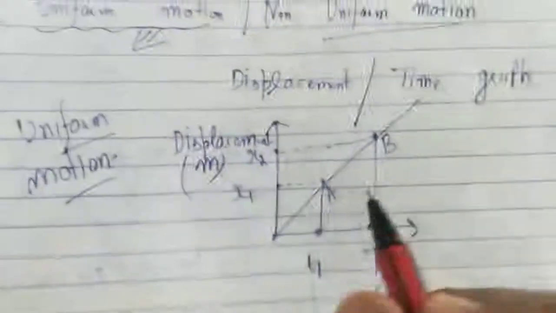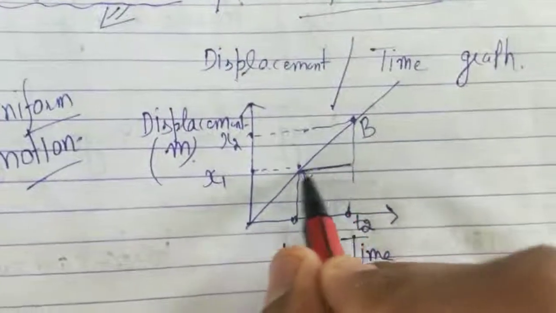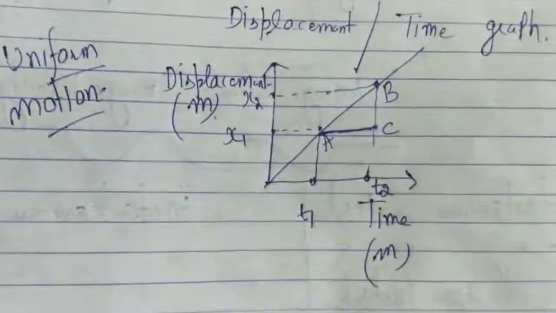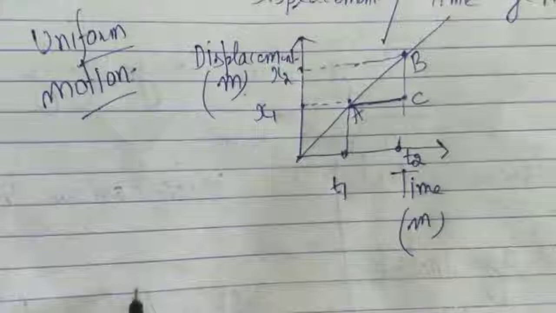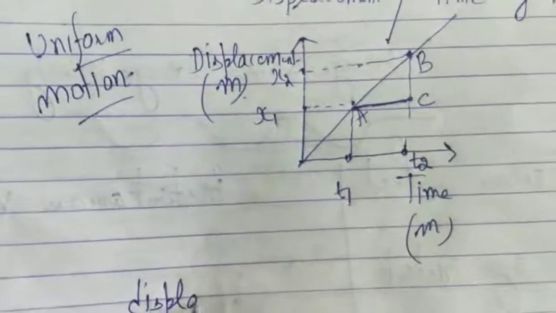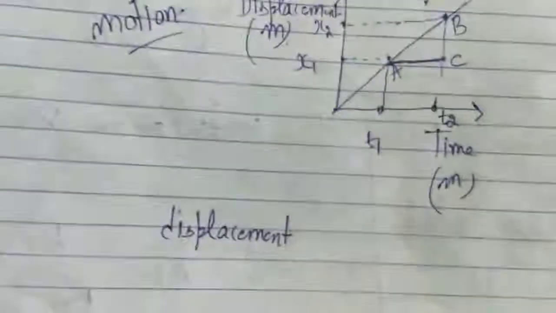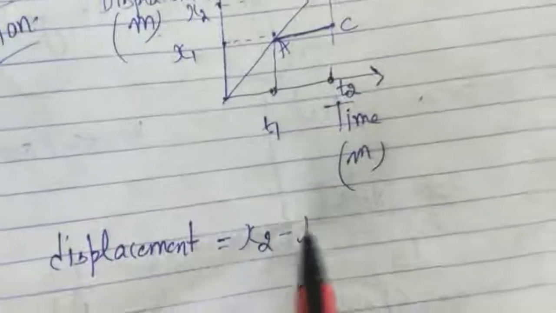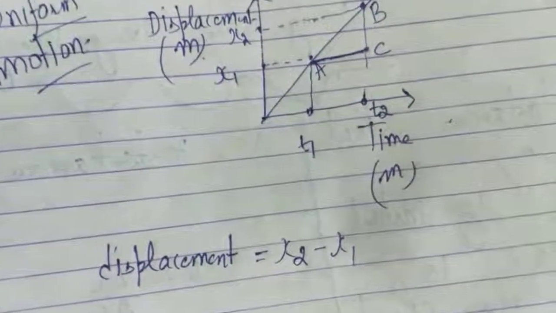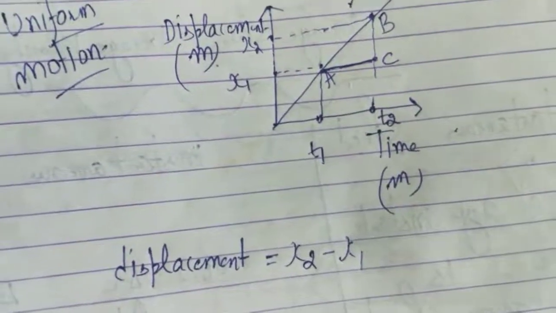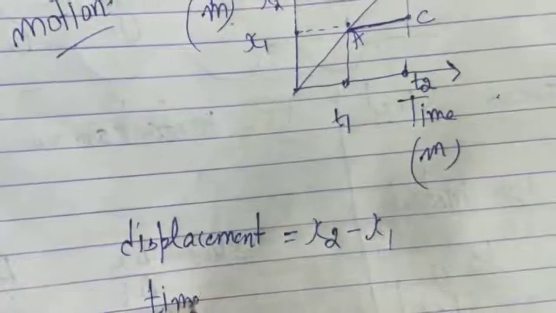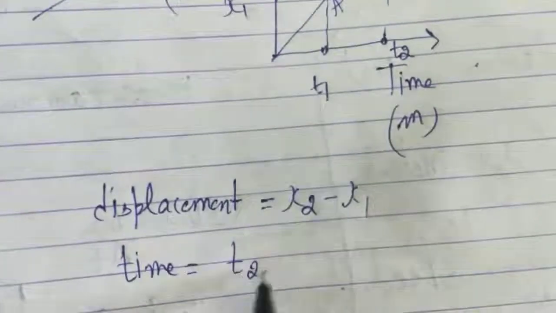So what is the displacement? BC is the displacement. And what is the time interval? AC is the time interval. Suppose the object at time t1 is at x1 and at time t2 it is at x2. So the displacement covered is x2 minus x1, final minus initial position, and the time is t2 minus t1.